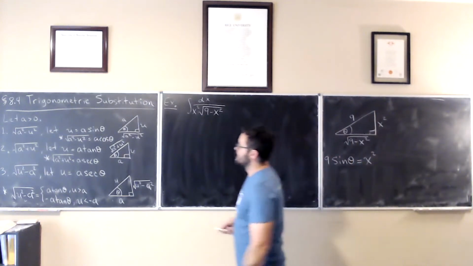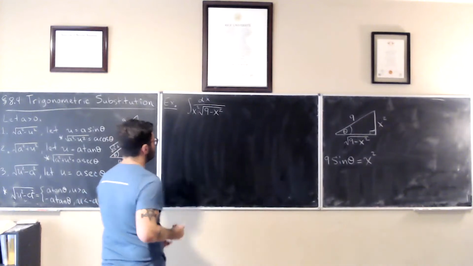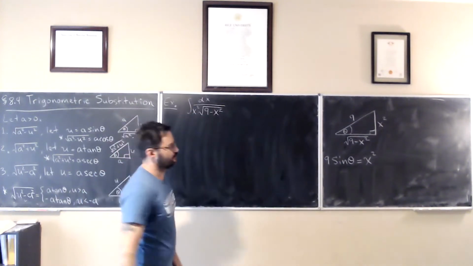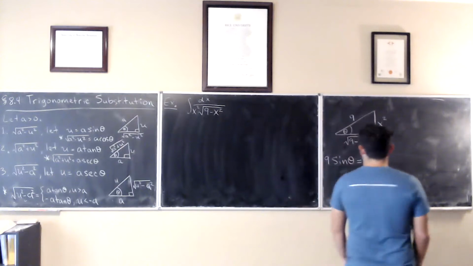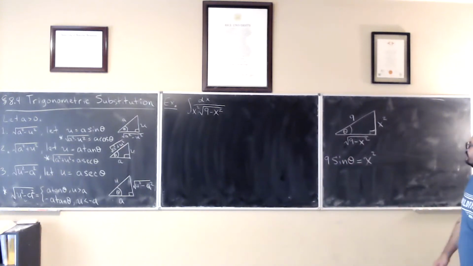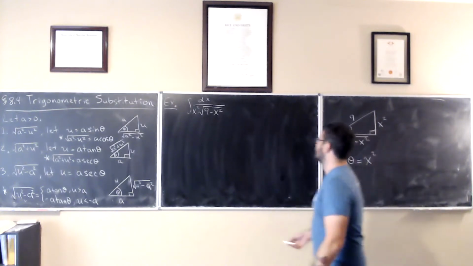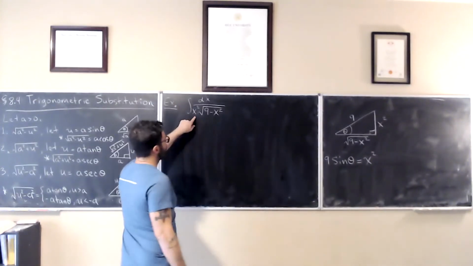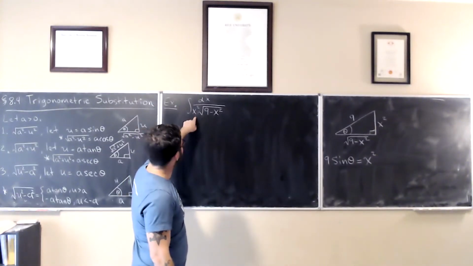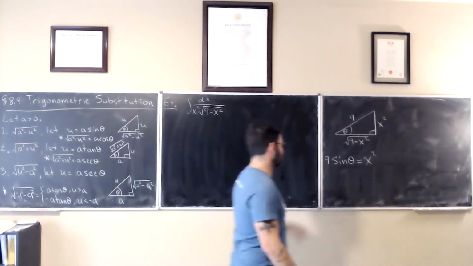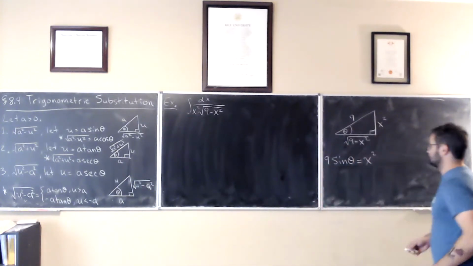As I mentioned at the beginning of the recording, the goal is to convert all these x's to thetas. So I see that this x squared I can replace with 9 sine theta.